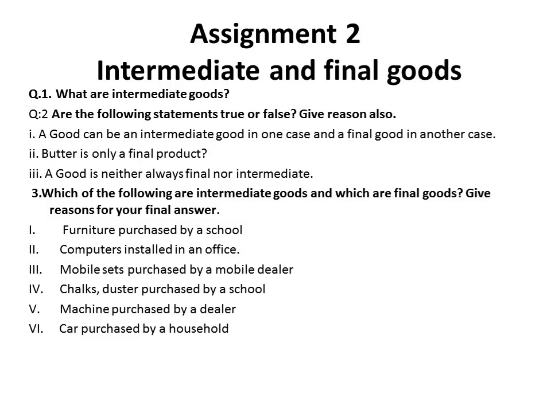It depends upon its end use. Butter is only a final product. False. Again we see it depends upon its end use. If it is purchased by a household, then it is a final good. If it is purchased by a restaurant or bakery, it is an intermediate good.